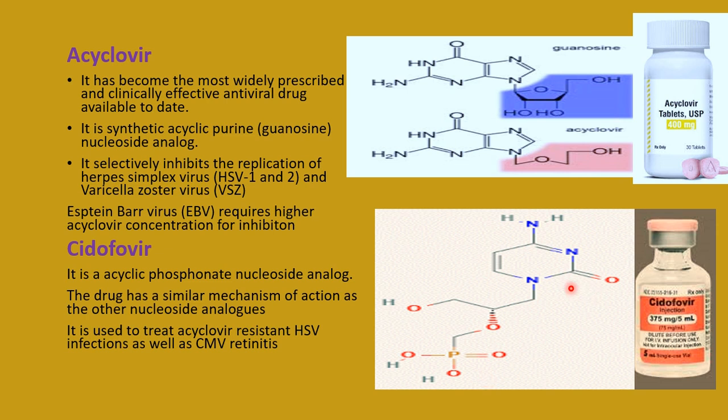The drug has a mechanism of action similar to acyclovir and other nucleoside analogues, and it is also used to treat diseases like CMV retinitis and HSV. It suppresses cytomegalovirus replication by selective inhibition of viral DNA synthesis, and it can be given in the form of injection.